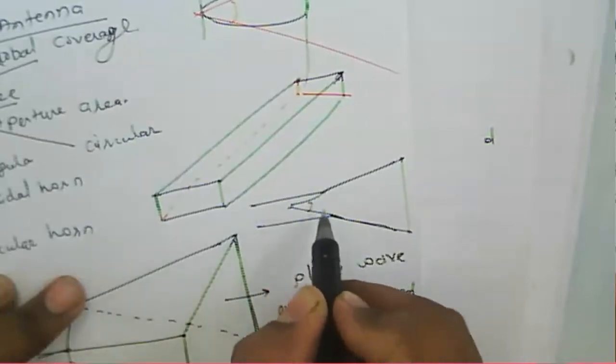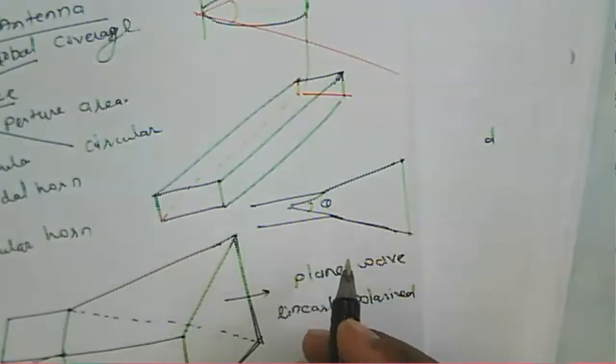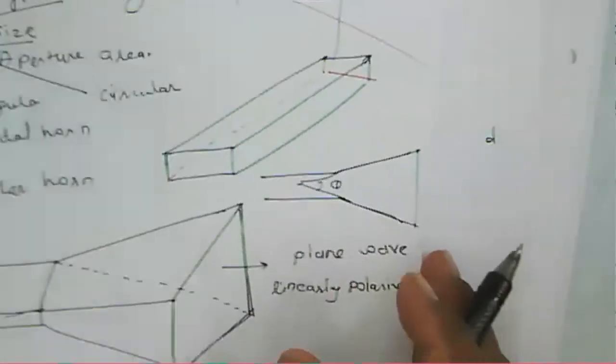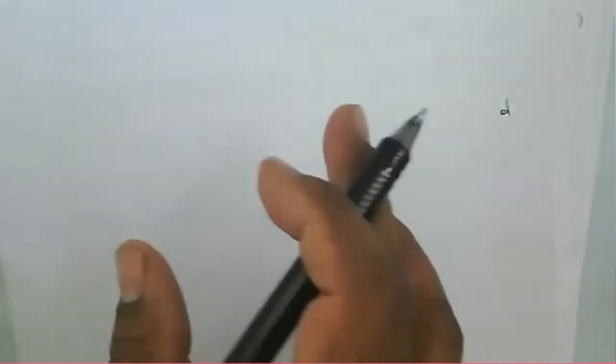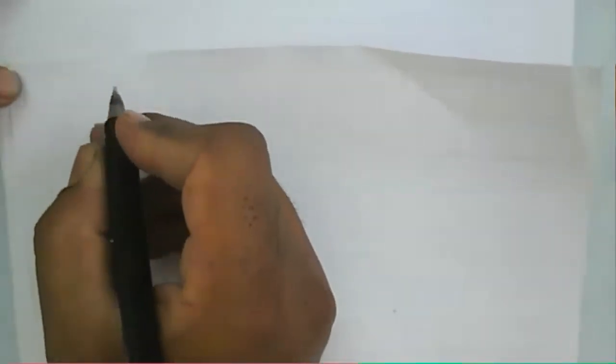Based on this particular flare angle, which we say is theta, your gain or directivity will change. So for a given antenna, we should know what the directivity and gain will be. We should know the flare angle as well as the aperture size of that antenna.